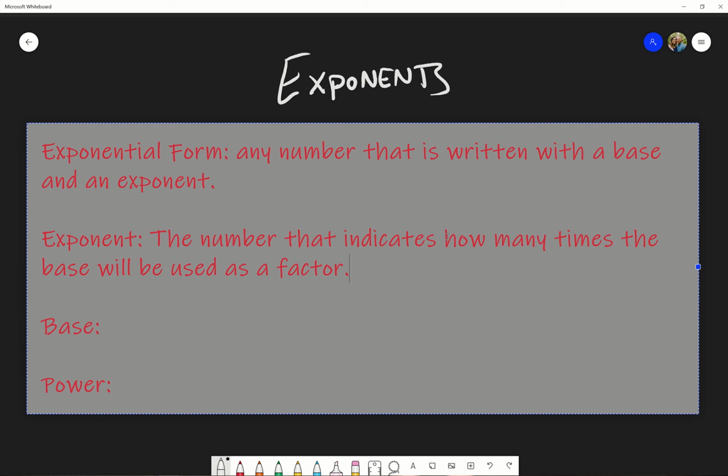So the exponent is the number that indicates how many times the base will be used as a factor. Okay, so we'll talk more about this as we're solving problems, but exponents are just repeated multiplication.